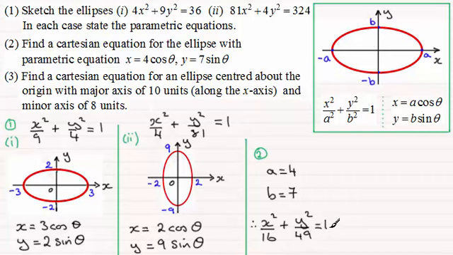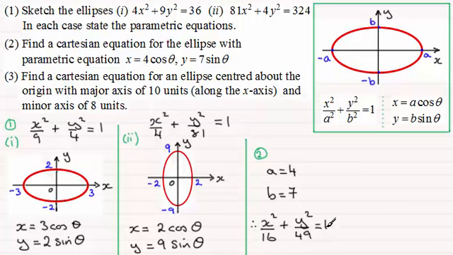Now, if you did forget this particular form, you can always get it anyway just by picking up on cosine squared theta plus sine squared theta is equal to 1, that trig identity. Cos theta then would be x over 4, so if you square it you're going to get x squared over 16. Sine theta would be y over 7, square that, you got y squared over 49. And when you add them together, basically cos squared theta plus sine squared theta would come to 1.